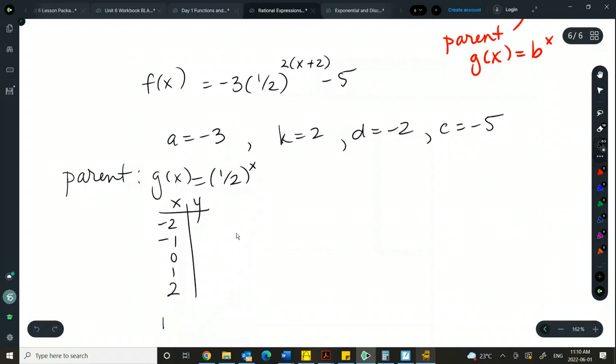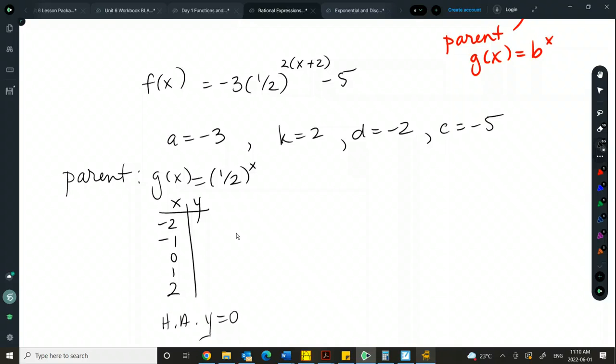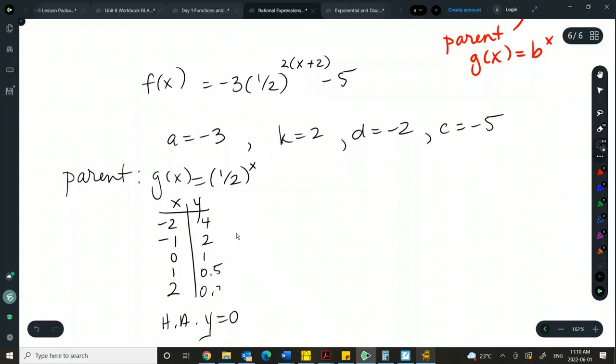So along with the horizontal asymptote at y equals 0. As we plug in each of these, I believe we get 4, 2, 1, 0.5, and 0.25.